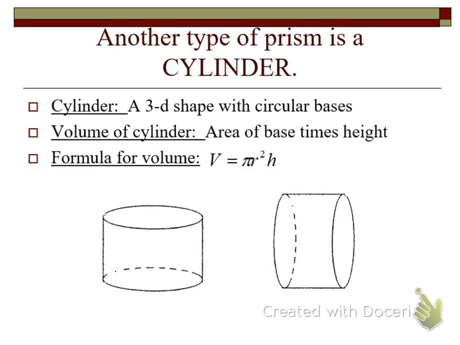But this time our bases are circles, so to calculate their area, we have to take pi r squared and then multiply it by the height of the prism or the cylinder. So right before example 5 in your notes, there's a little box for volume of a cylinder, and I would put that formula in that box.